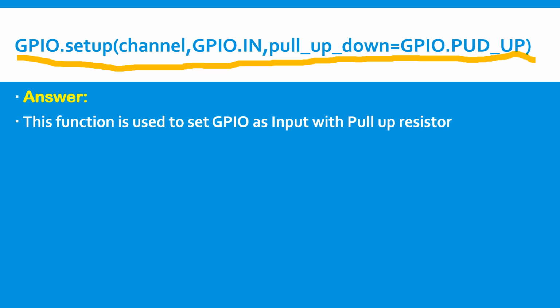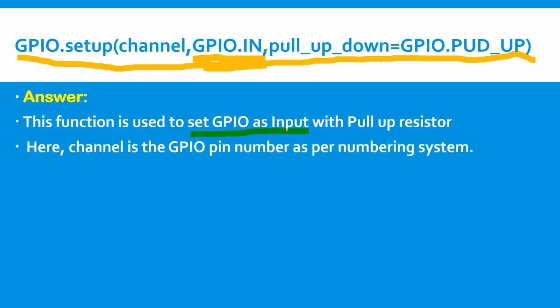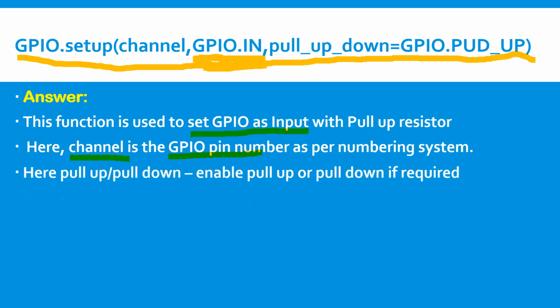This function is basically used to set GPIO as an input, because we are mentioning here GPIO.IN with pull up resistor. Channel is nothing but the GPIO pin number that we are using. Here we can enable pull up or pull down if it is required.